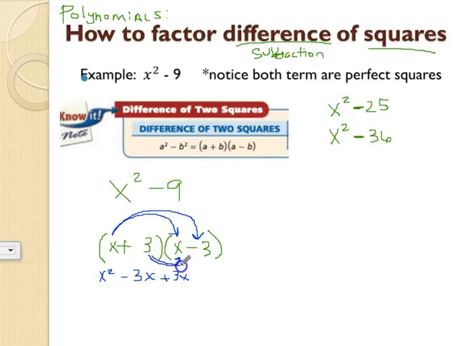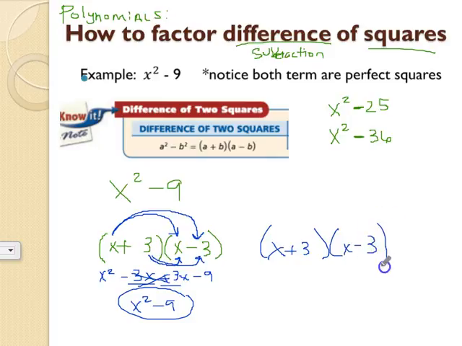See, those middle terms are going to cancel out. 3 times negative 3 is negative 9. So our middle terms, negative 3x plus 3x, cancel out, and we're left with just x squared minus 9, which is what we started with. So x plus 3 and x minus 3, that's factored out. That's how we find the difference of two squares.